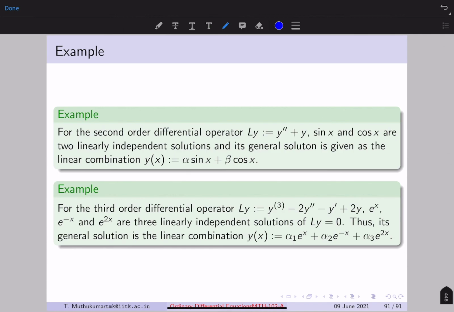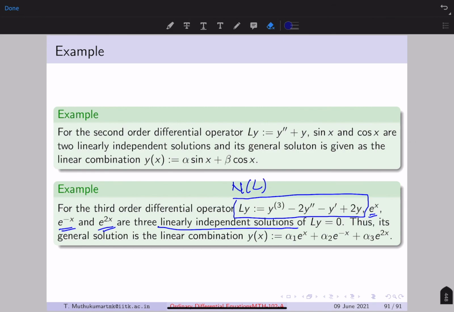Similarly, let's take the other example that we have seen earlier, this third order differential equation. We have already verified that e power x, e power minus 2x, e power minus x and e power 2x are solutions, in the null space of this L. Please verify as an exercise that these are linearly independent solutions.